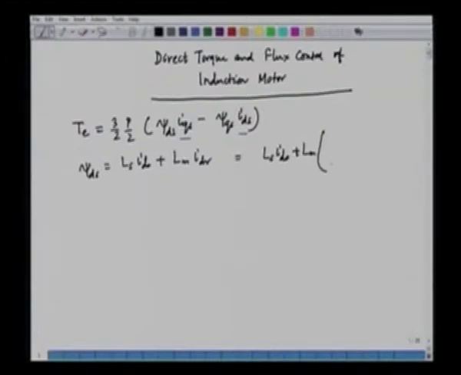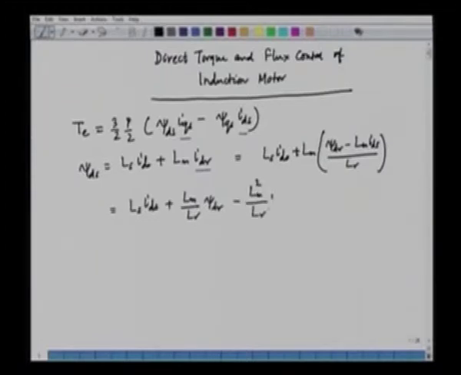We can also express this idr in terms of ids. So what we will do here is that it is (psi dr minus Lm ids) by Lr. We will further simplify this. So that is equal to Ls ids plus Lm by Lr into psi dr minus Lm square by Lr into ids.